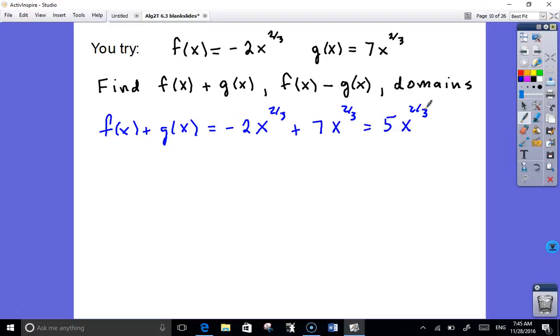Okay, what would you say about the domain of that? What kind of radical is that? Come on, on Wednesday you take this test. If you can't answer, what kind of radical is it if it's to the 2/3 power? It's a cubed root, right? Because of the 3 in the denominator. So what's the domain? All real numbers. Remember, you can take the cubed root of a negative number. You can't take the square root. So the domain is all reals.